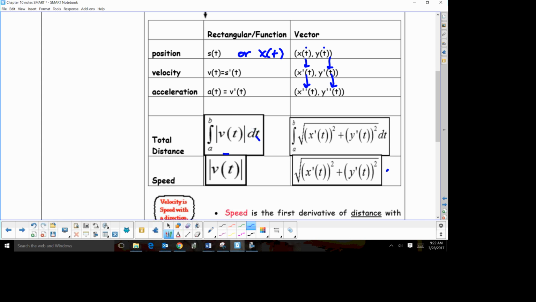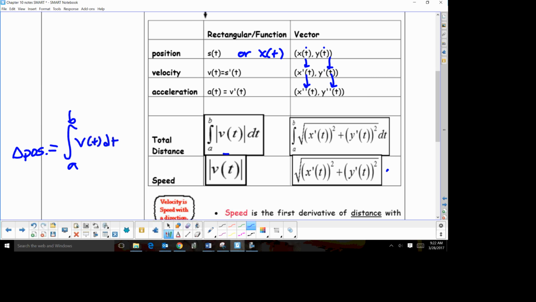What if I was just to integrate v of t from a to b? What's that giving me? It's the change in position, or just, what's another word? So this is equal to the change in position, which is also called the what?